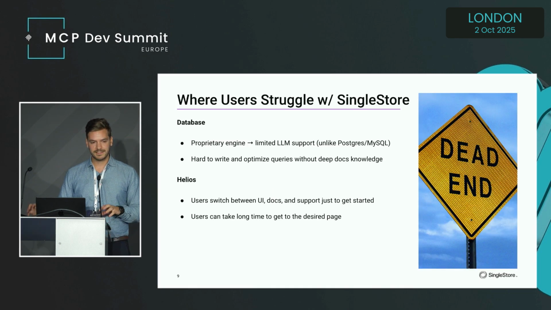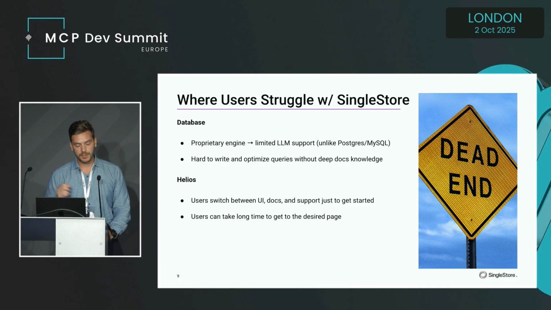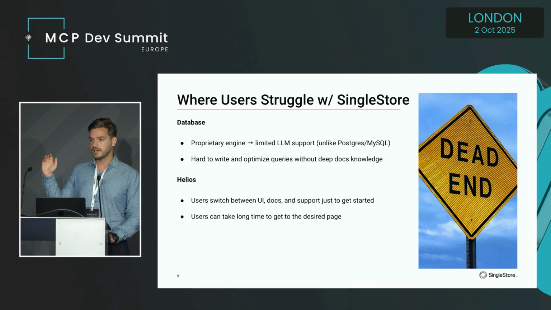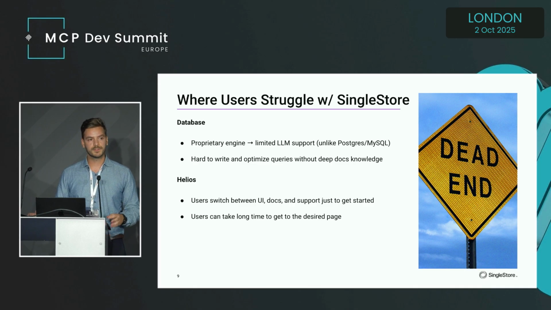So besides these general onboarding problems that we've seen, specifically for SingleStore we also face the world of LLMs. If you're like us and you have a proprietary engine or a closed source product, you would find that LLMs don't have that much information about your product, right?